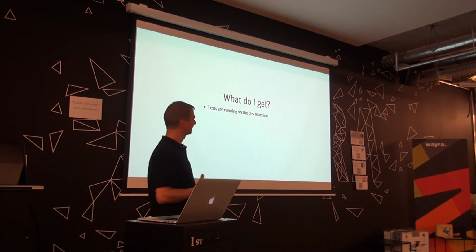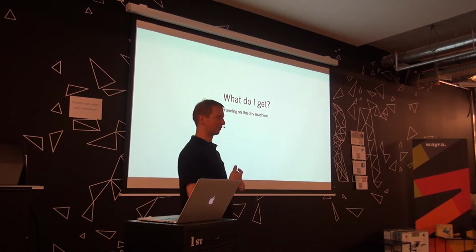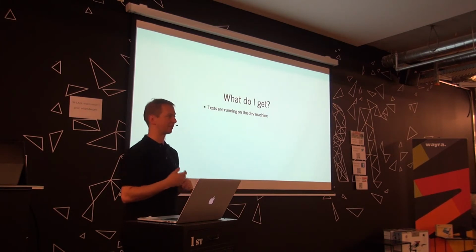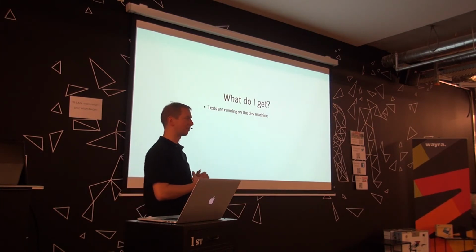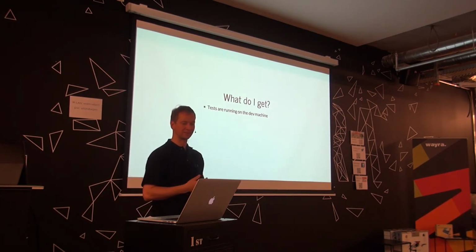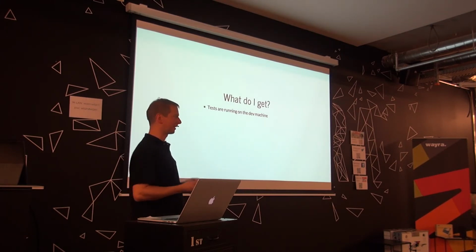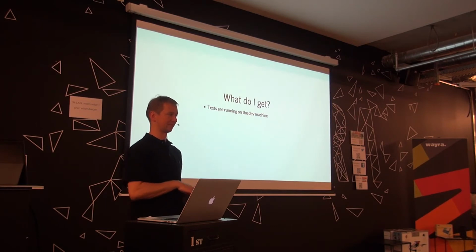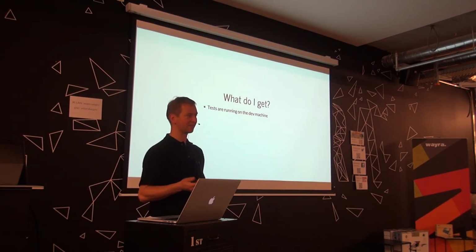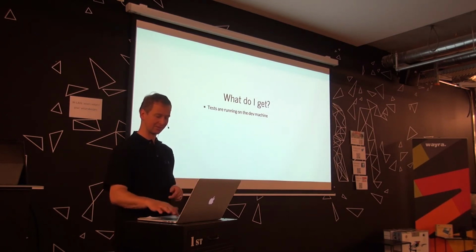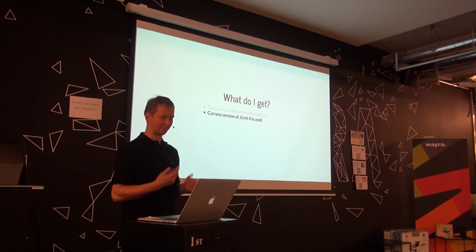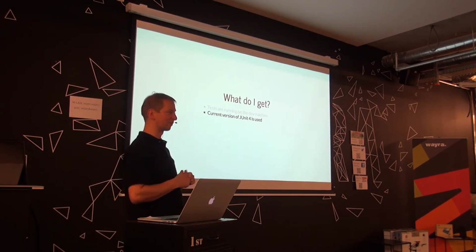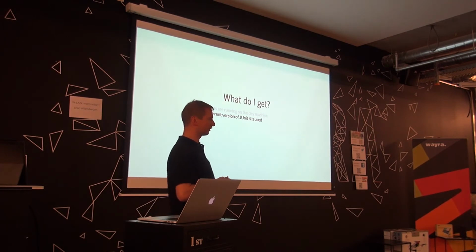The very good thing is that tests are running on your local machine, which means they are very fast. You don't need to start up the emulator, you don't need to hook up a device. The good thing there is you can also test your project, for example, on a continuous integration system like Jenkins, where it's very difficult to set up an emulator. You can use, of course, current JUnit 4 for doing your testing.